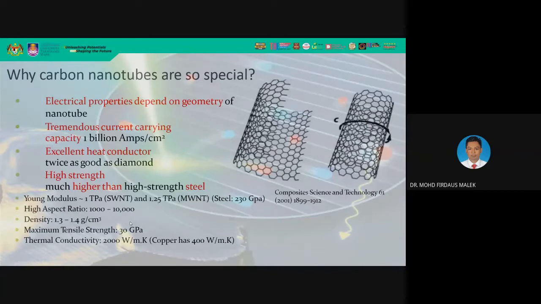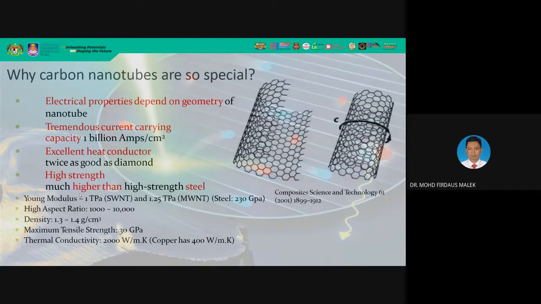Okay, aluminium pun around 700 gigapascal, which is, kalau tengok ni, around 500 times stronger than metal. And then it also has a maximum strain. Okay, and then thermal conductivity.